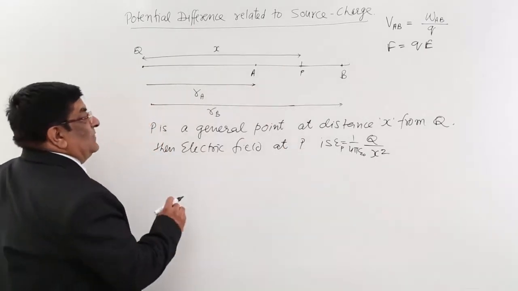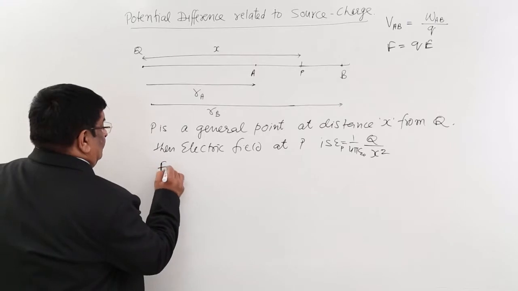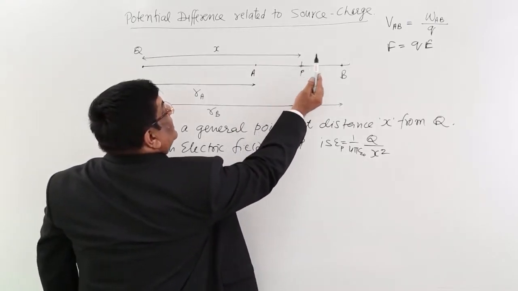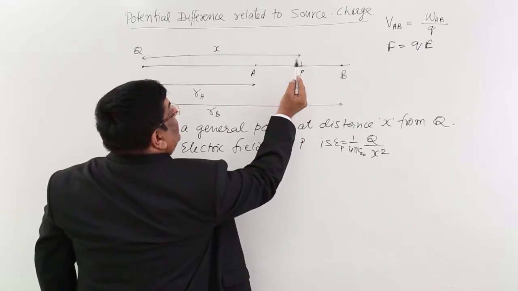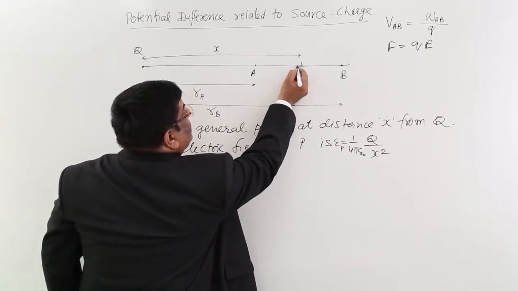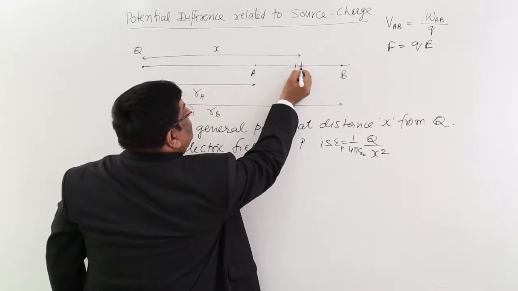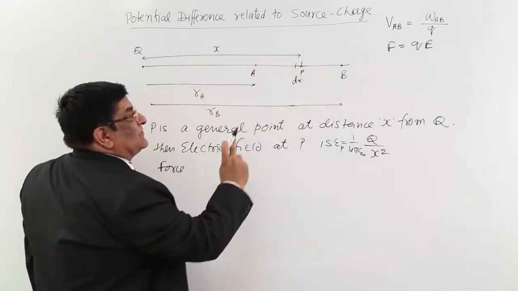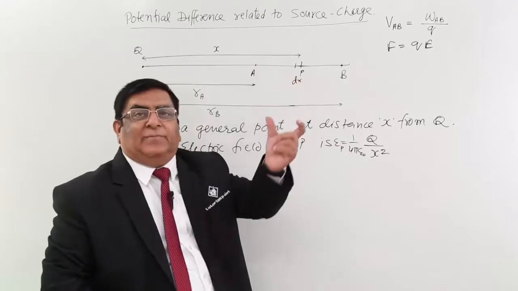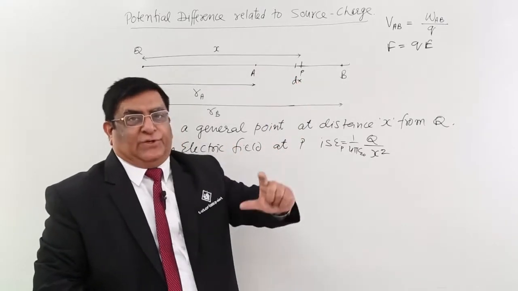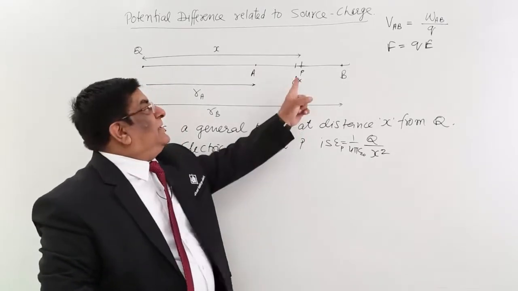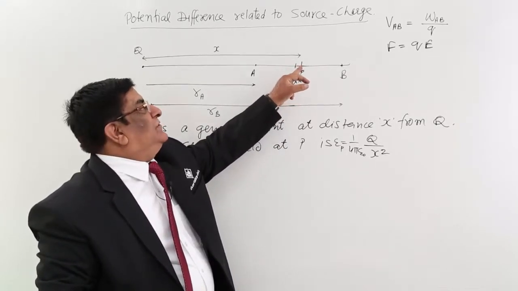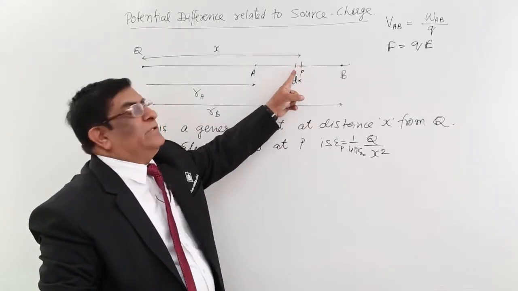Then what will be the force? I start my journey from point P and I travel a very small distance, this distance dx. Dx is such a small distance that it can be termed limiting to 0. So, if it is so small, then I can presume that there is no change in the force from this point to this point.